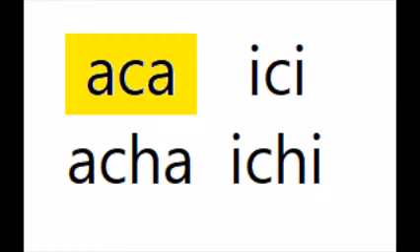What it means is that when you're pronouncing the sound, before you get to actually blocking off all the air in your mouth, there's a little puff of air that comes out. So it's not aka, it's achka. So aka, achka. There's this puff of air that comes out.